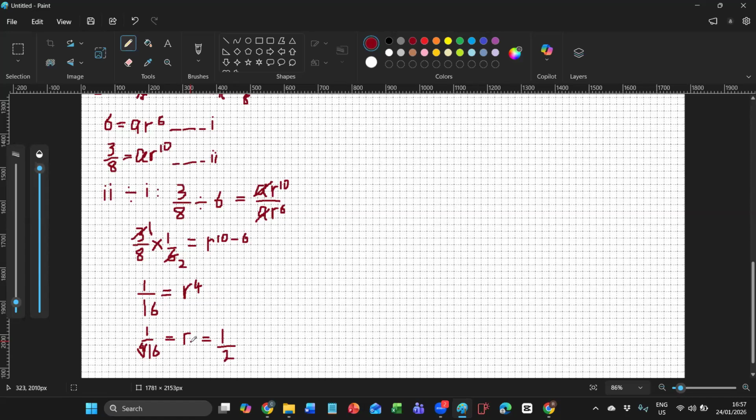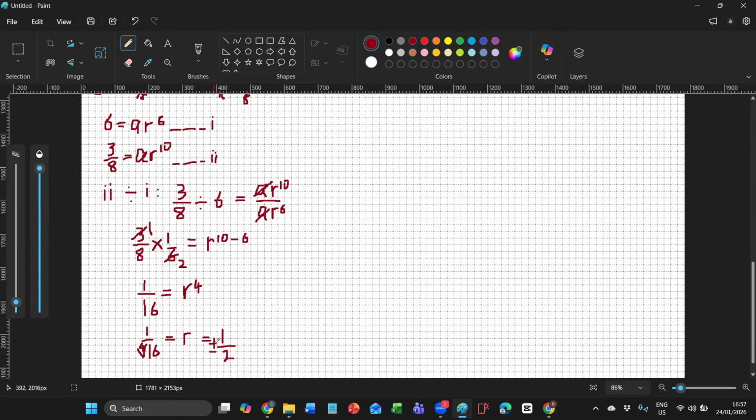So it's very okay for us to say that our answer to this question is actually plus or minus half. These are the two possible values of r.